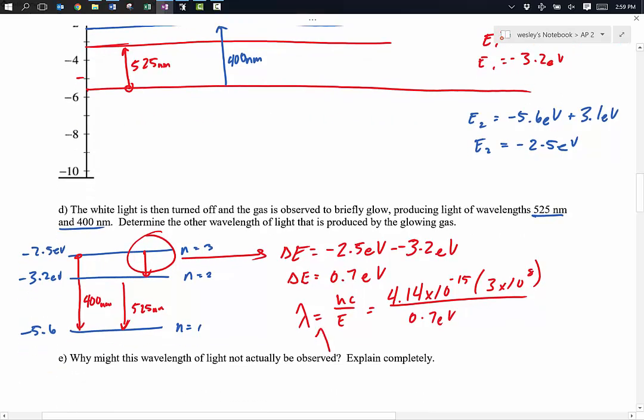We can put that in our calculators on our own. That lambda comes out to be 1.771 times 10 to the negative 6th meters, which is 1771 nanometers, if you wanted to do that.